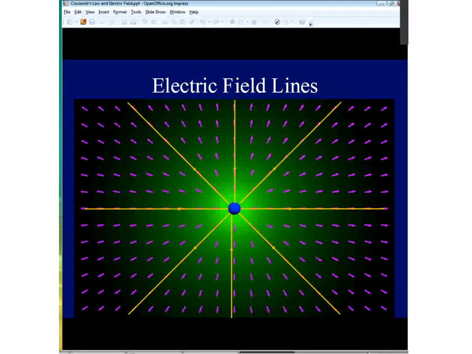Had there been a negative charge there, and you put a positive test charge, the test charge would be attracted. So the direction would be exactly opposite to what is shown here. So if you have got a negative charge, then field lines will go into it. Positive charge, field lines will go away from it.